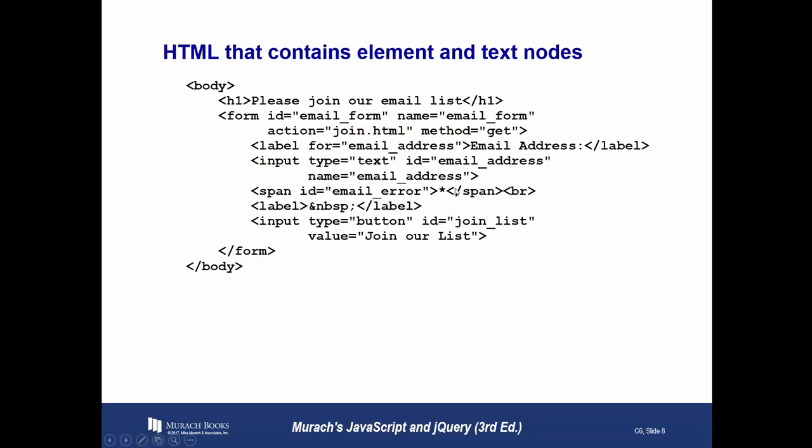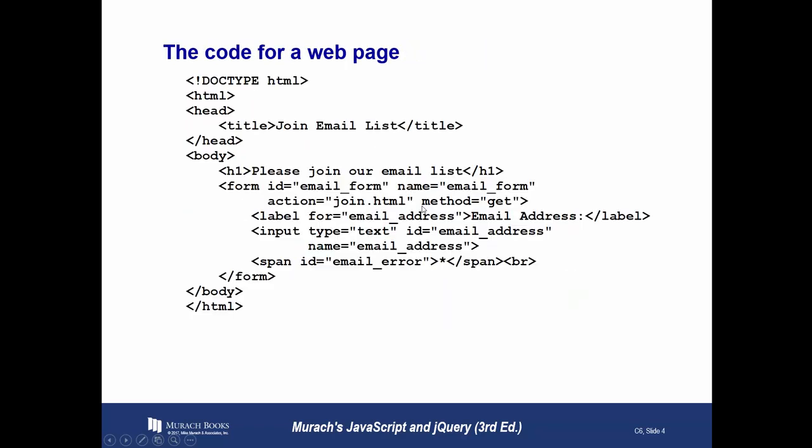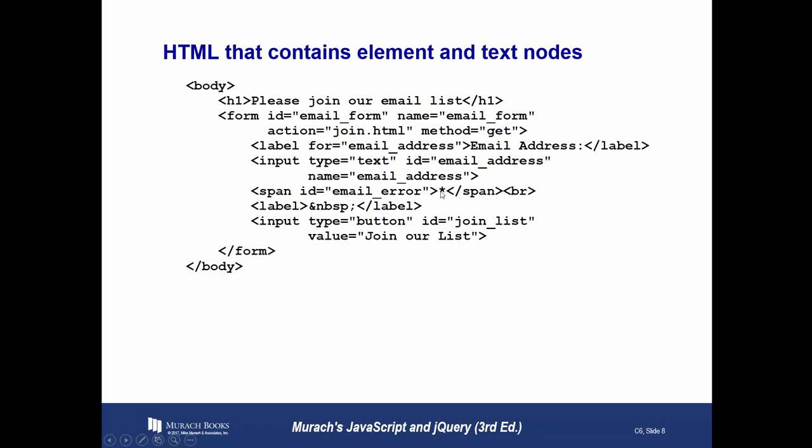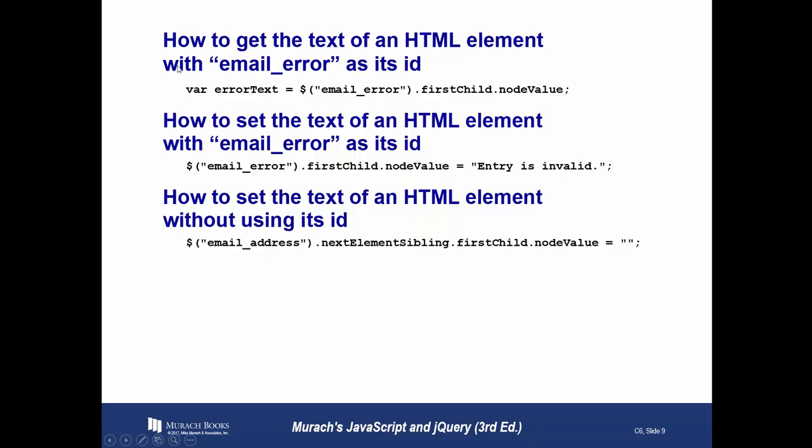Again, this was our text. And if you notice, we have what? We have an ID here of email address. We have an ID here of join list. The form has an ID of email list, etc.